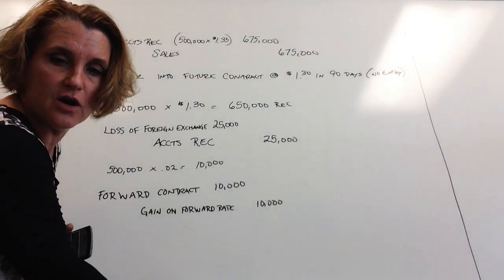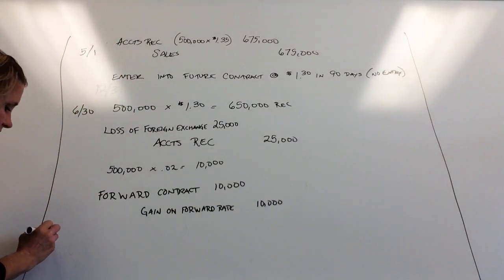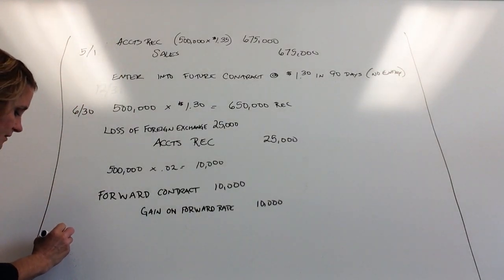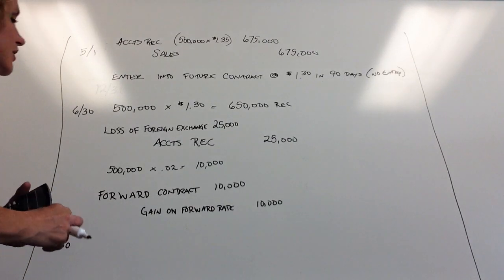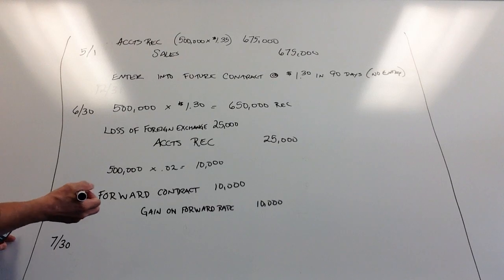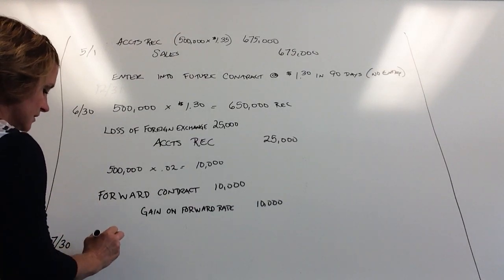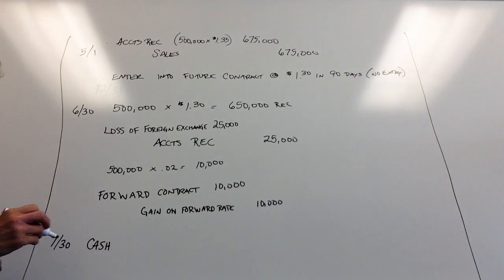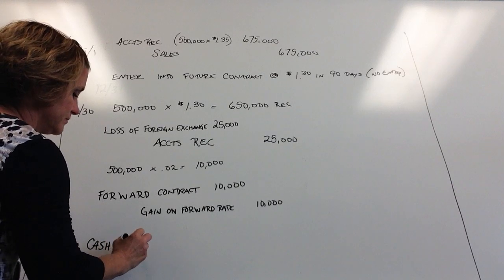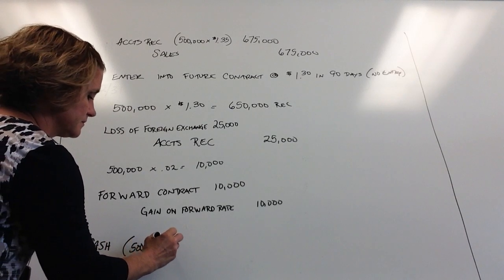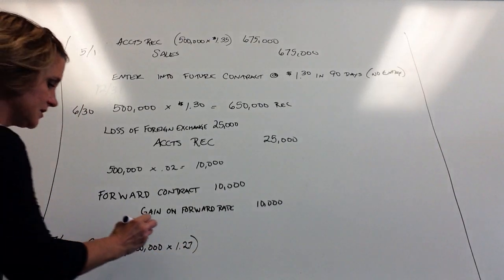Okay, then on July 30th, it actually gets paid. And then that exchange rate is $1.27. So on July 30th, we would get the cash at the current exchange rate, which is $1.27.